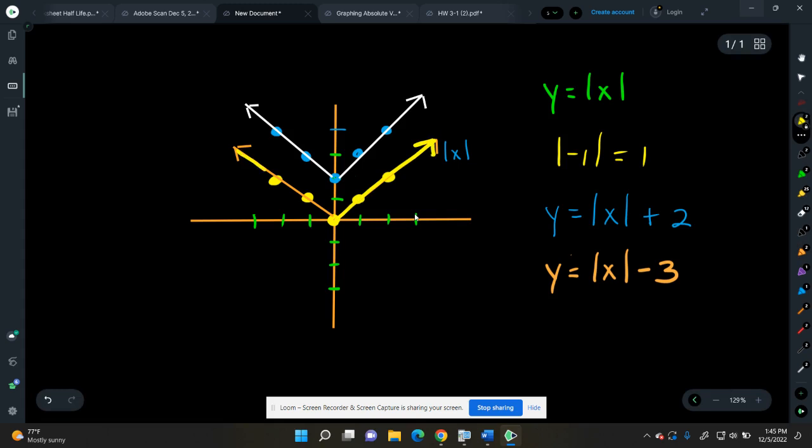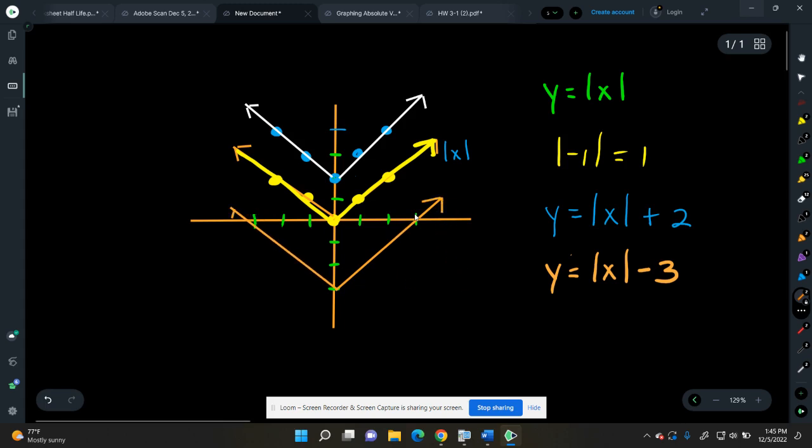So if I want to go minus 3, what am I going to do? Move it down 3. This is called the vertex. Instead of the vertex being at 0, 0, the vertex will now be at 0, -3. We put arrows on both ends because it does continue forever.